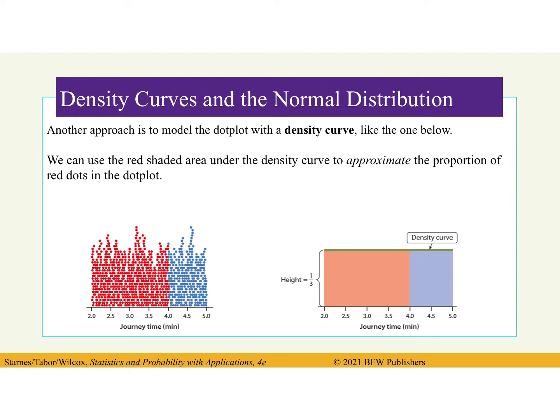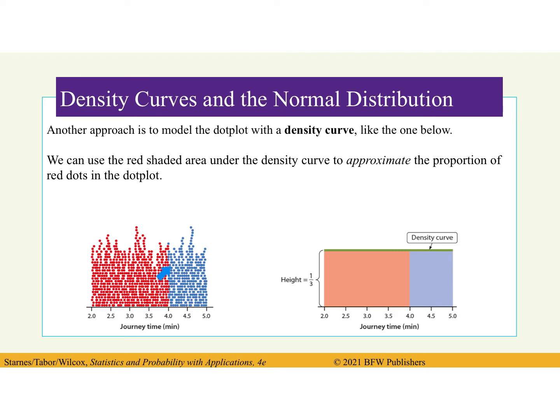Another approach to model the dot plot is with a density curve. If we look at the graph, it's pretty uniform, right? I mean, it has a few little peaks in here, but this is a pretty uniform graph. It seems like it's distributed evenly across the different times it might take her to get to work.